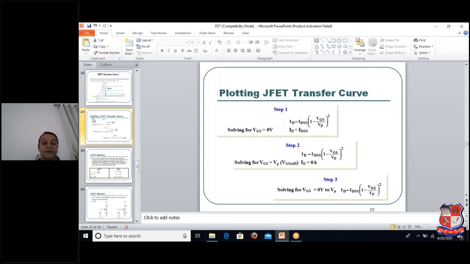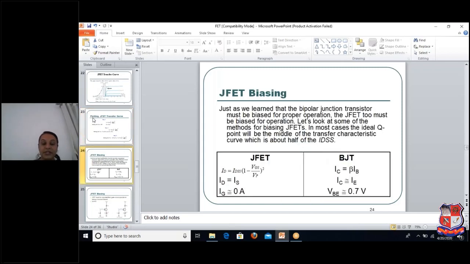Second, when VGS equals VP, your drain current becomes IDSS times 1 minus 1, which is 0, so ID becomes 0. And for VGS from 0 to VP, ID equals IDSS times 1 minus VGS upon VP, whole squared.